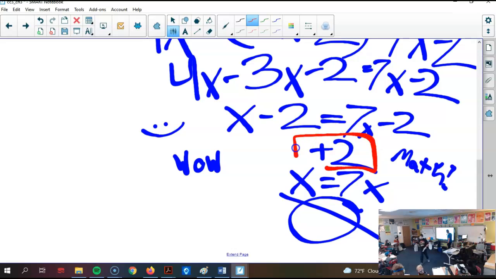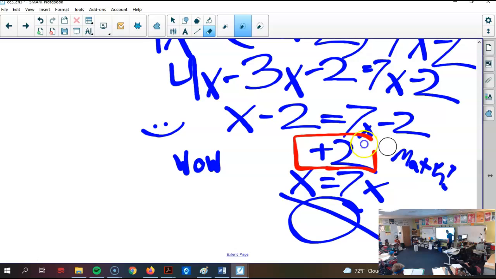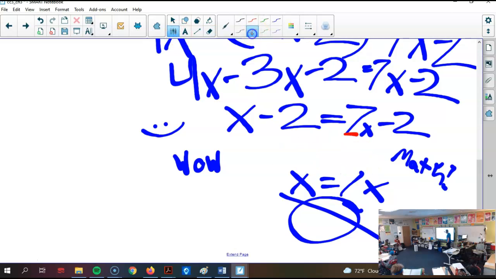I know what he means, that he's doing +2 on both sides, but when somebody who doesn't know what he means looks at this, it's confusing. This is unacceptable. We have to write it on both sides. So everything Max did is correct. We just got to make sure we have notation correct. So we add 2. We add 2.